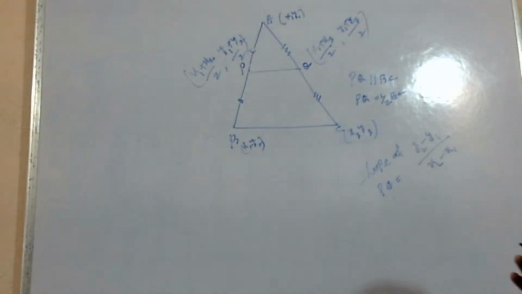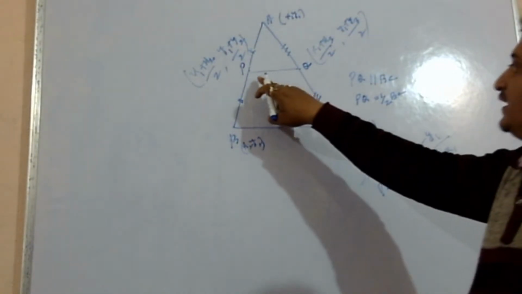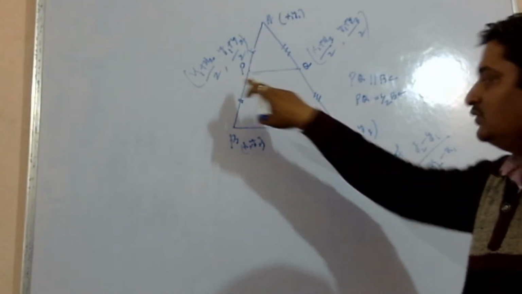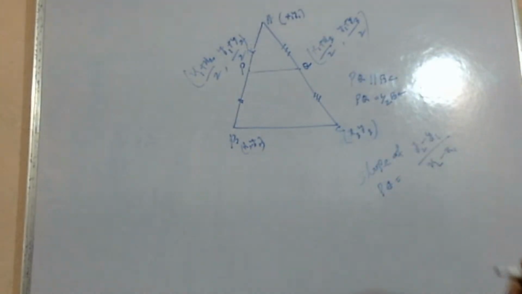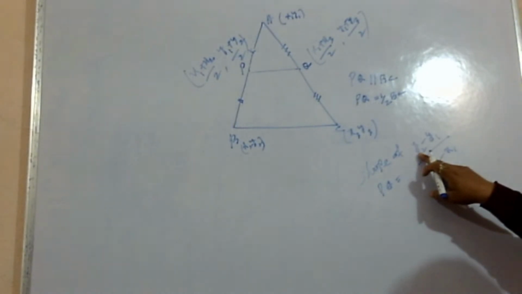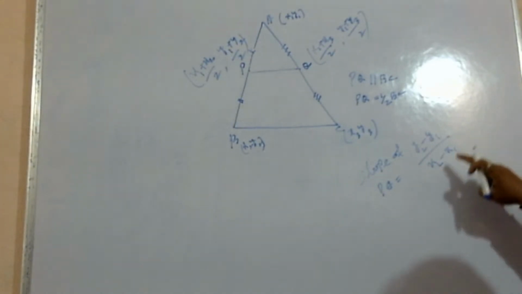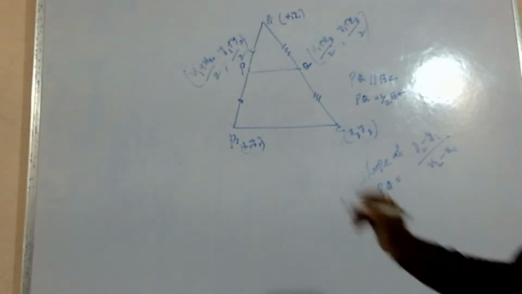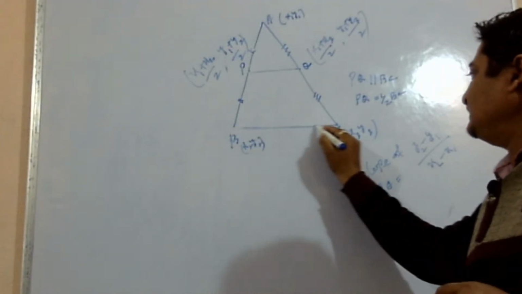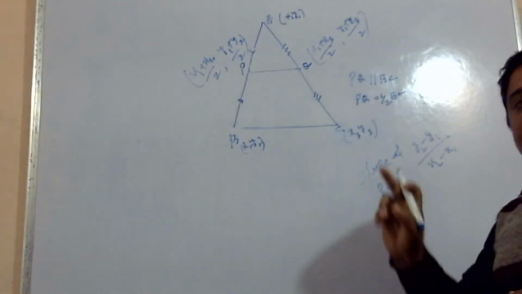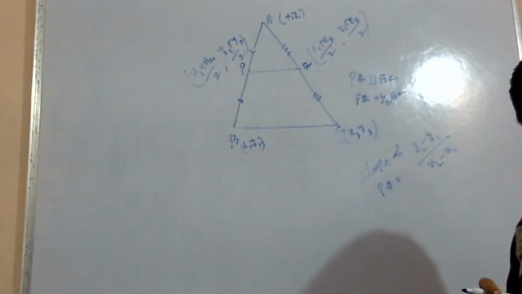Clear? Or any doubt? Now here you see in the PQ line segment, the coordinates of P and Q are given, so we find the slope of PQ, that is y2 minus y1 divided by x2 minus x1. Clear? You can find it or not? Now here you see BC is also a line segment, and the B point and C point are also given. Yes or no? Yes.